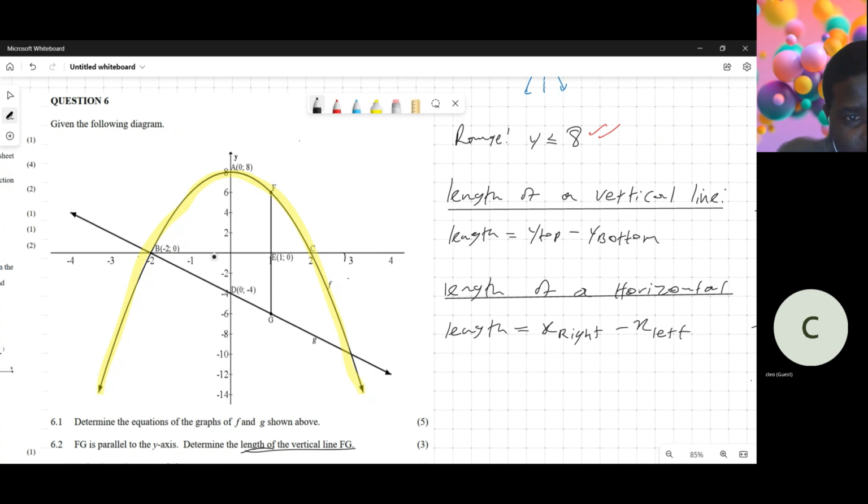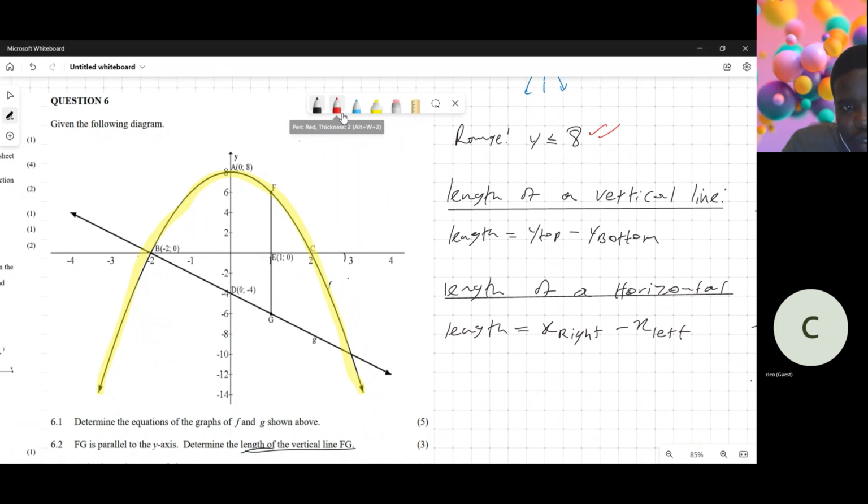So the length of BC will be determined as x at C, because C is on the right side, minus x at B. If you check, this is 2 minus negative 2. That is going to give us 4. So the length of BC will be 4 units.